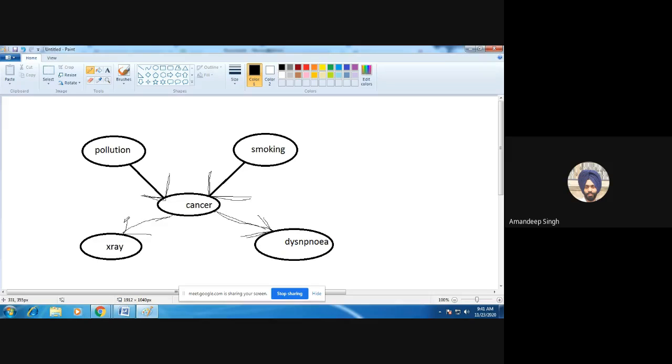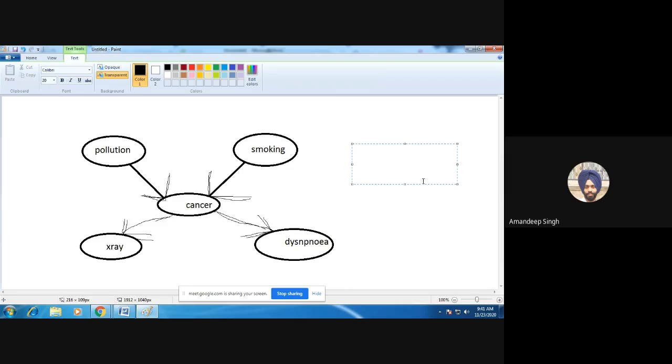Now what we are basically trying to say here is that smoking is influencing this disease, shortness of breath, only through causing cancer.